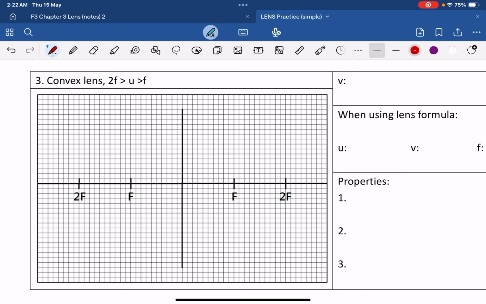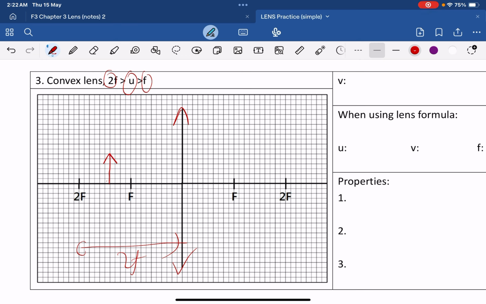For the third one, object distance is larger than focal length but smaller than 2f. 2f means double the focal length. Okay? Now we have a convex lens. So the object is located between f and 2f, just like this.